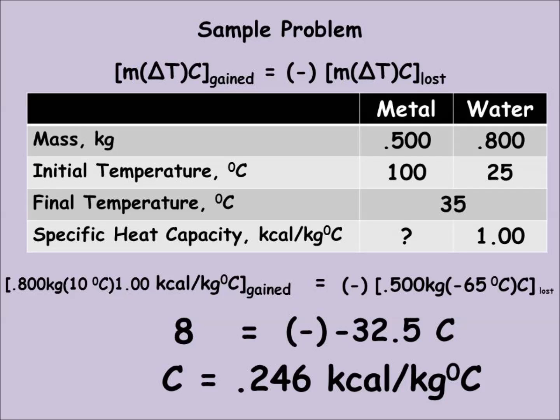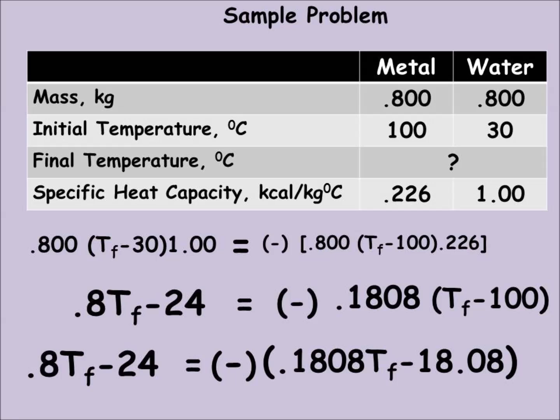And make sure that you can actually do this calculation and verify it. Notice on the line one up from the bottom, you have the additive inverse there. So it's going to be a positive 32.5. So positive 32.5 divided by 8 is going to be a positive 0.246 kilocalories per kilogram degrees Celsius.